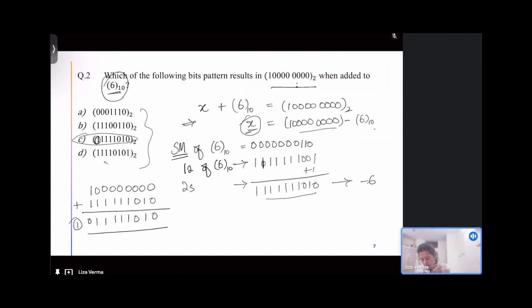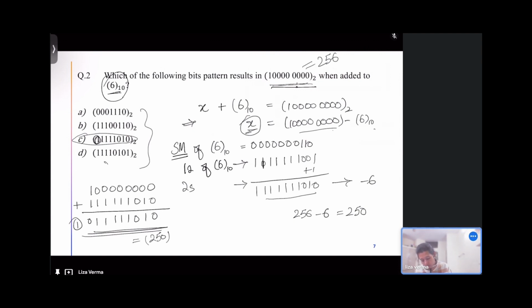So yeah, the correct answer should be, so this we know, how many bits is this? 8, 9, this is 256, right? So this represents 256, and by the calculation, if we subtract 6 from 256, we should get 250, and if you calculate this one, this correctly equates to 250, right?